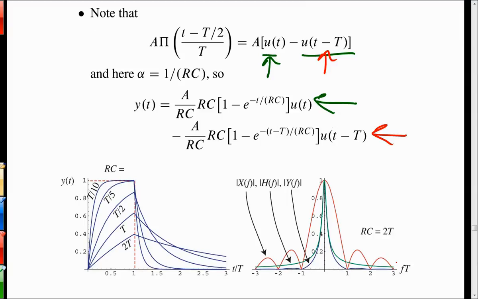And this is the book's idea of trying to show you how the spectrum relates to the time domain waveform. So the spectrum at the input is the red. The green is the filter's frequency response, and then the blue, which is shrunk the tightest, is the result of multiplying the spectrum times the frequency response. And when you're doing that much spectral shaping, the filter is really impinging upon the spectrum of the input in red.